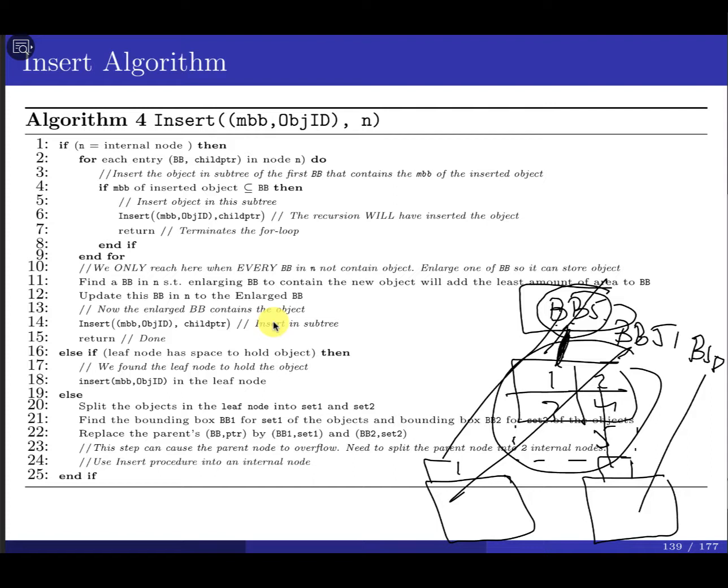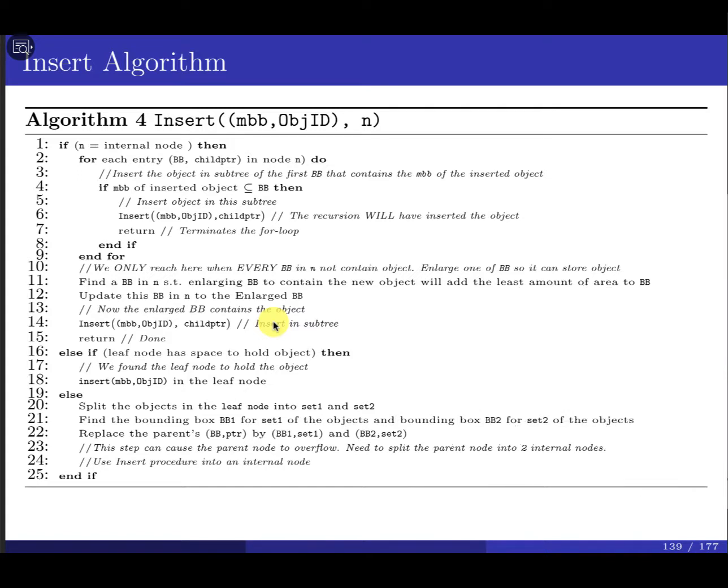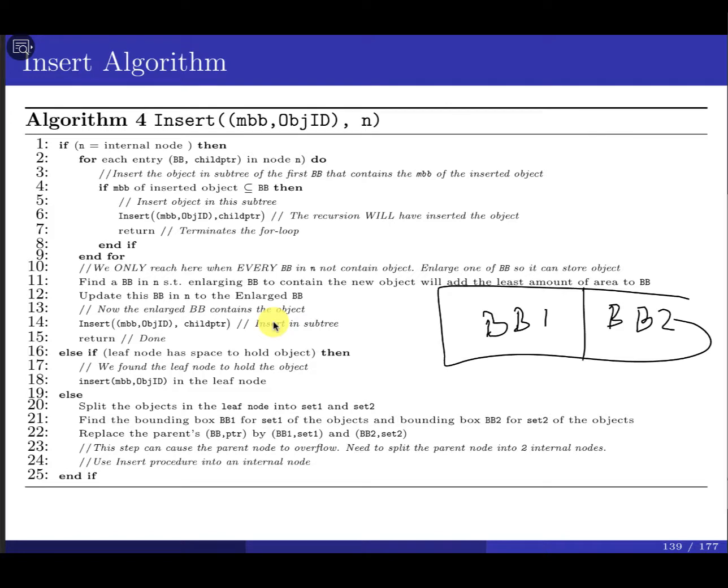What if I didn't find any bounding box that can contain this element at the higher level? I'm not talking about the leaf node. In the internal level, assume we have BB1 and BB2, and the element that I want to store is here. It's not within any of them.